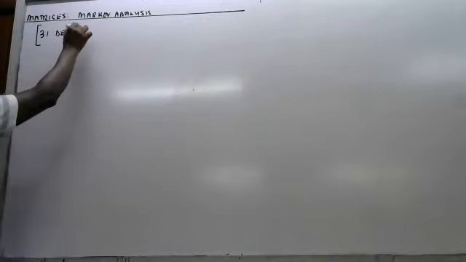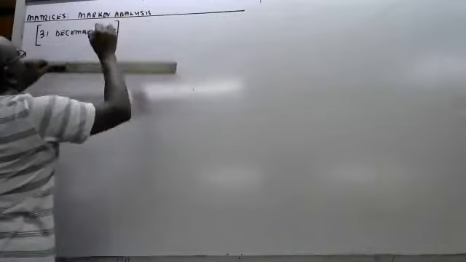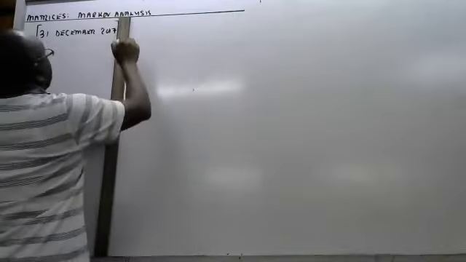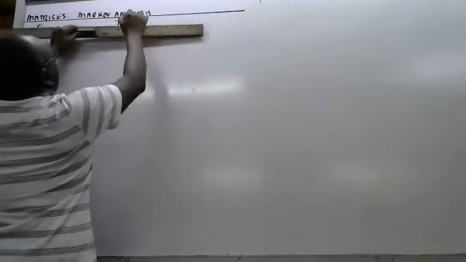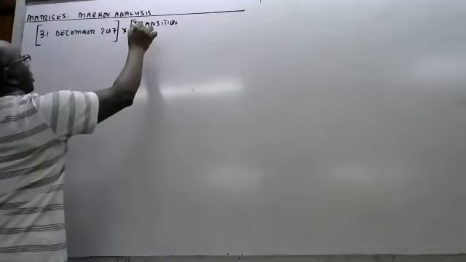So when you are told to get the share for that 1st December 2018, it must be arrived at, or maybe we need to start with 2017 and we put it that way here. You multiply by the transition matrix.